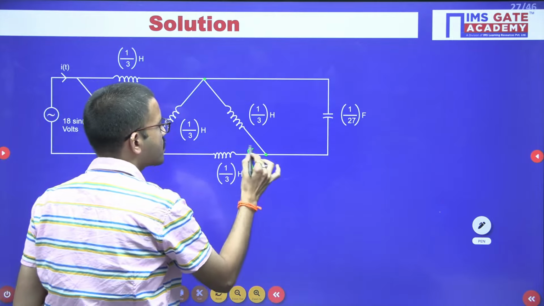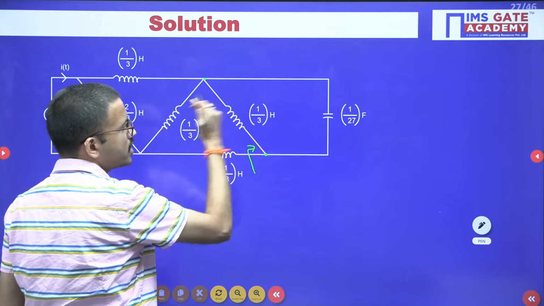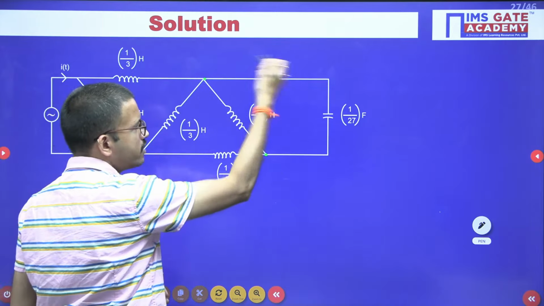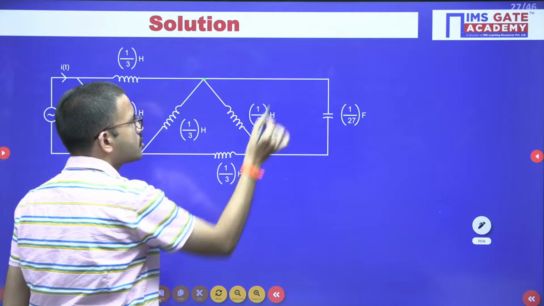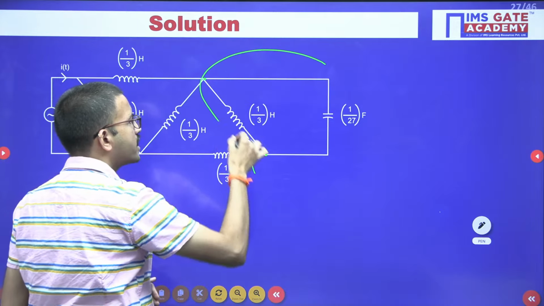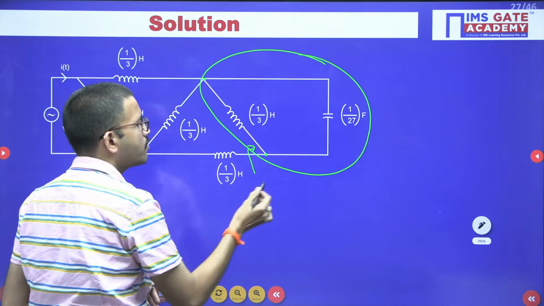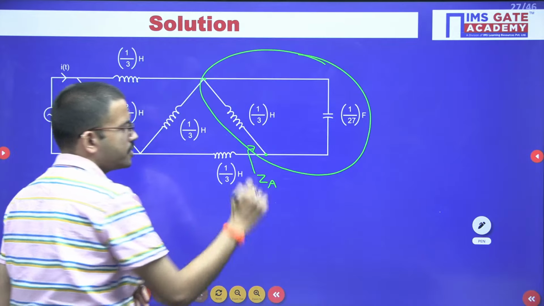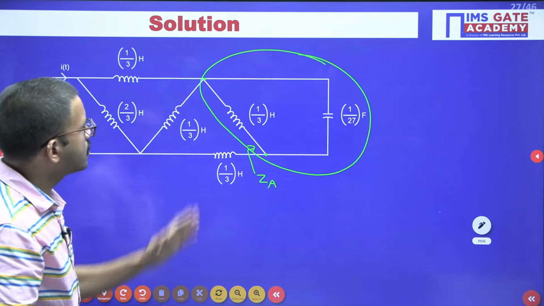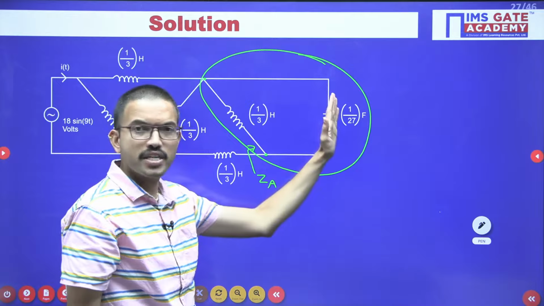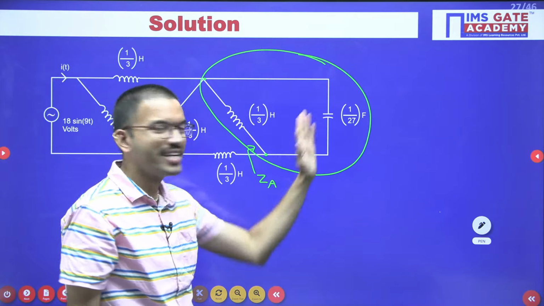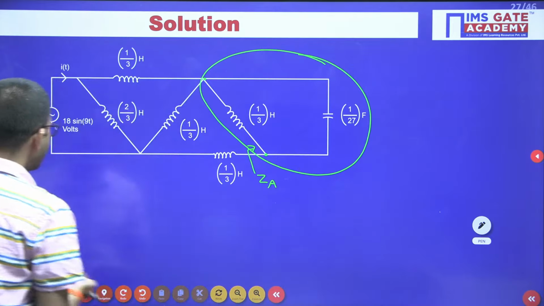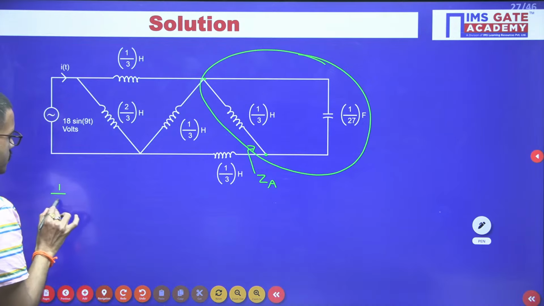Say for example, the equivalent impedance to the right of these 2 points, the entire network here, I am going to represent as ZE. Here inductor is there, capacitor is there. I hope all of you know how to find the equivalent impedance. For the timing, I am representing it like this.